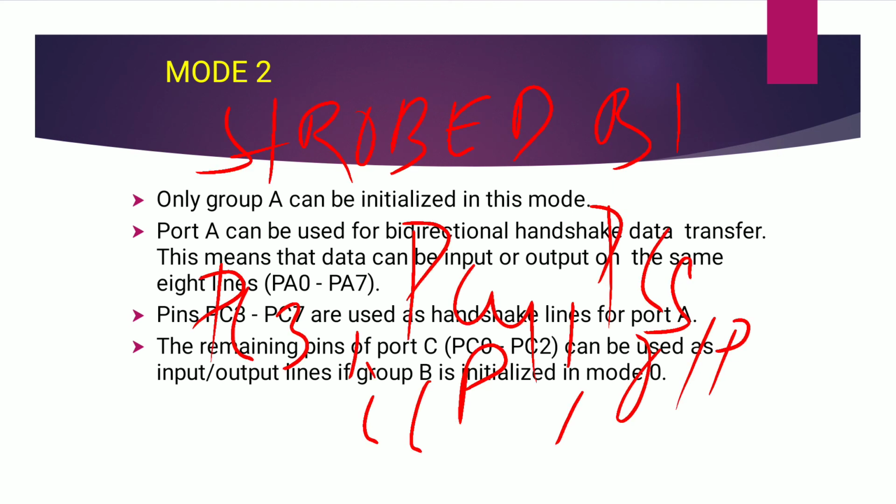Both mode 1 and mode 2 do handshaking. Which does better? Mode 2 is better because mode 2 is bidirectional IO mode. Because mode 2 can anytime do both input handshaking as well as output handshaking. It can rapidly switch between the input and output mode.